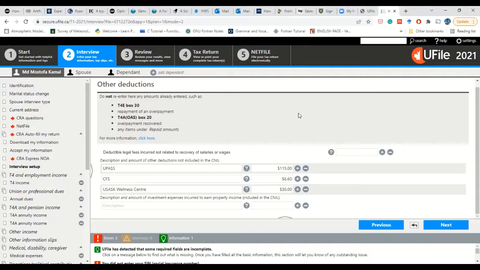It is the part which is not covered by the insurance. For our prescription drugs, 80% is covered by our health plan, and 20% we pay. So only that 20% we can claim. Okay, I got it. Thanks.